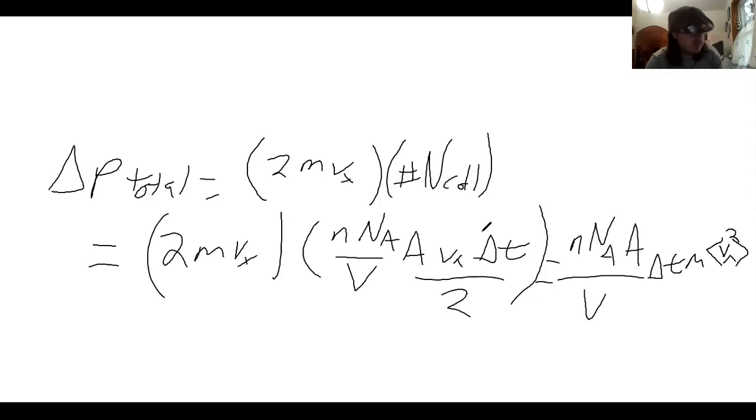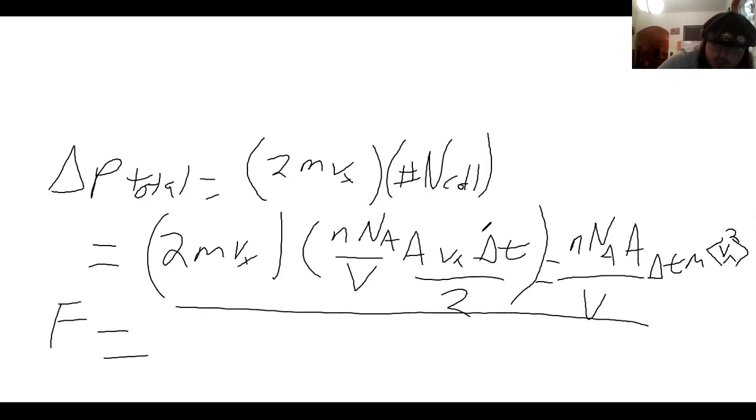Now here's where we're going to bring it all home. Remember our pressure. Pressure is force over area, and force is momentum over time. So force thus becomes this term divided by delta t.